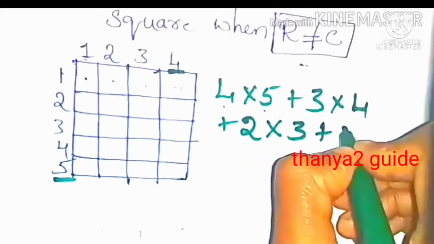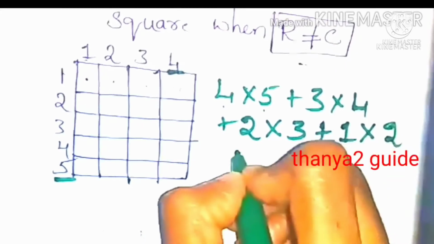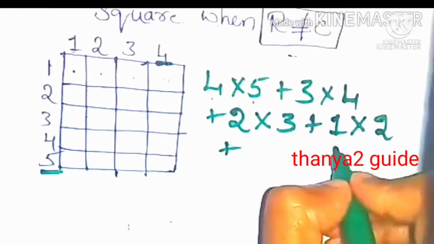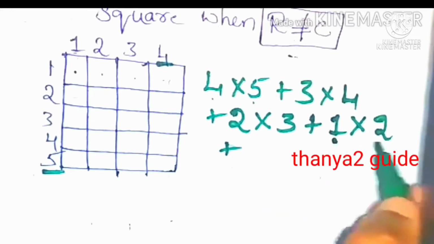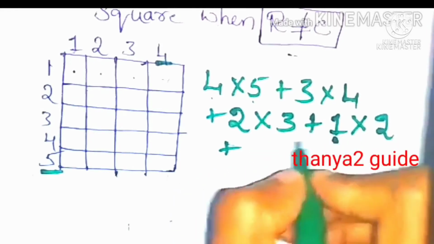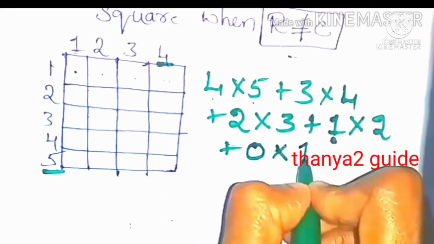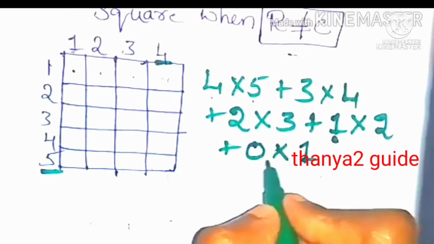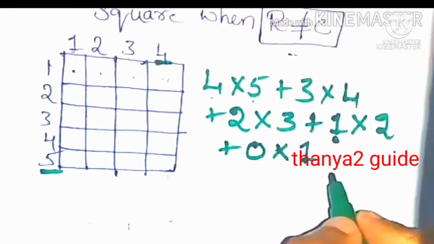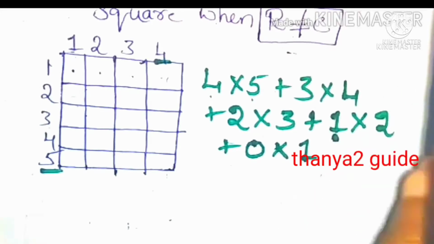Next, 1 into 2. Once you get the term 1, there is no need to continue the next time, because when it is 2, from 1 if you subtract 1 it is 0, and from 2 it is 1. 0 into something is 0, so no need of doing like that, because if we do it like this, it takes time.